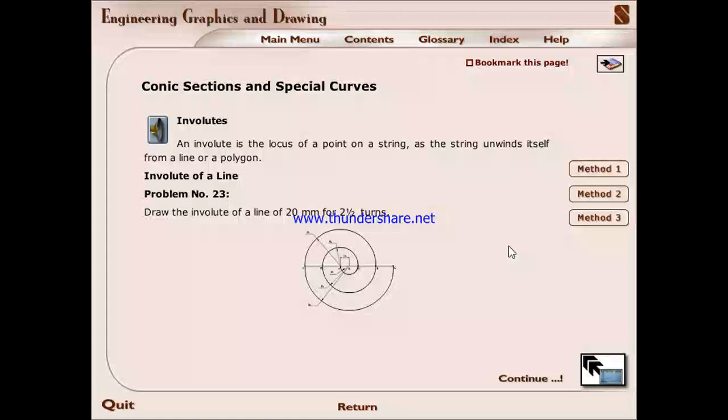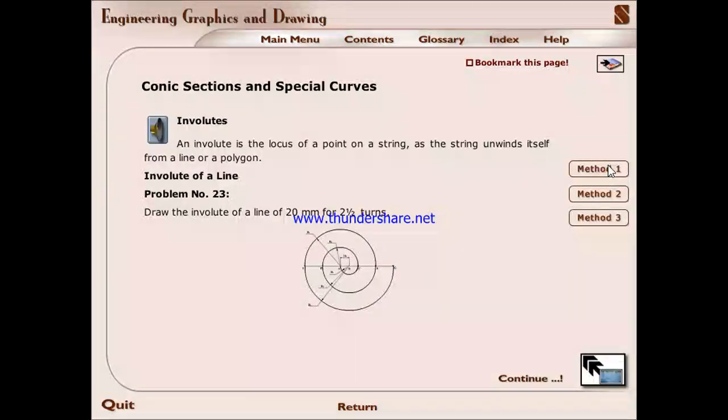An involute is the locus of a point on a string as the string unwinds itself from a line or polygon. There are three methods of drawing involutes.